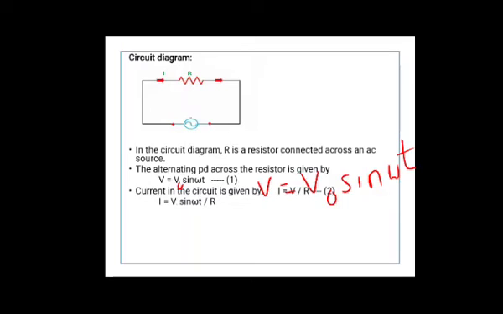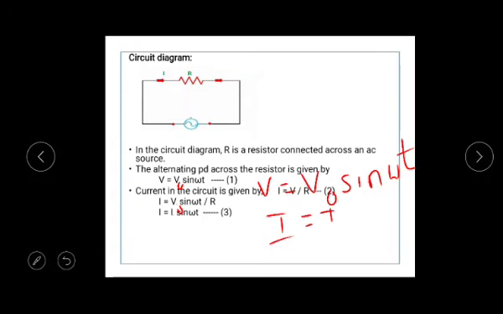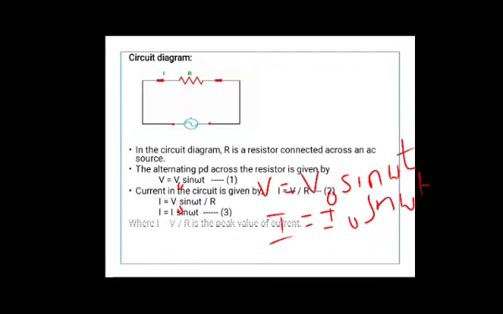What you will get is I = V0 sin ωt / R. Then, V0/R, let us take it as I0. So we make it I = I0 sin ωt, where I0 = V0/R is known as the peak value of current.